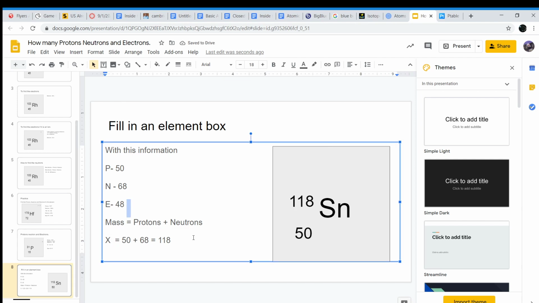Now, the last thing that we have to do is we have to figure out our electrons. Okay, and here it says that our electrons are 48. Here, we have 50 protons. So that means that we're missing some electrons. How do we figure out how many electrons we're missing? Well, 48 is 2 less than 50.